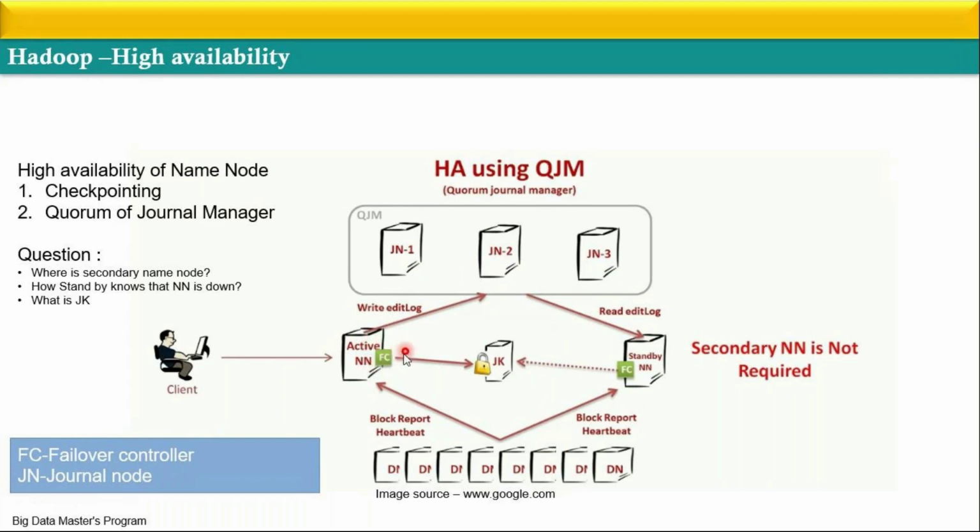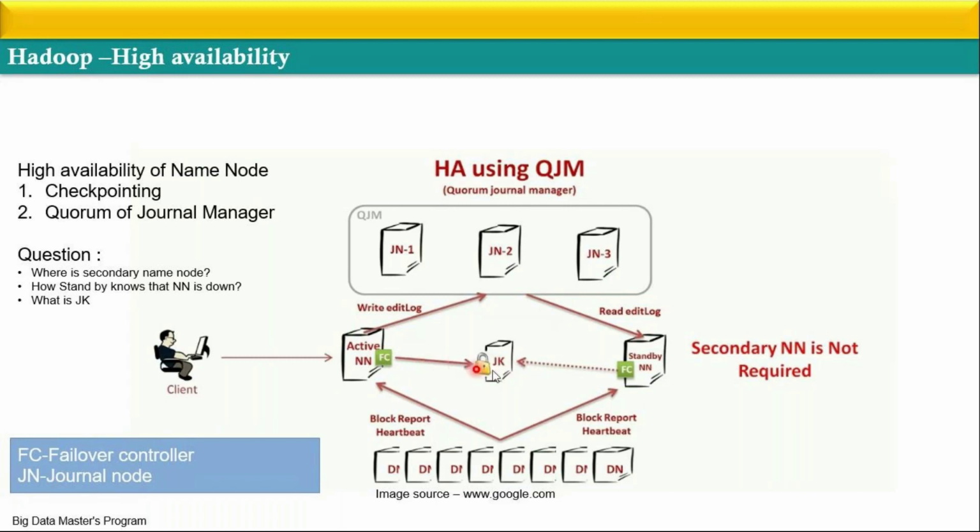Now we are having one FC, that is failover controller, and another component, zookeeper. ZK, that is nothing but zookeeper. Once everything is fine and the active name node is in working condition, it is having connectivity with zookeeper.